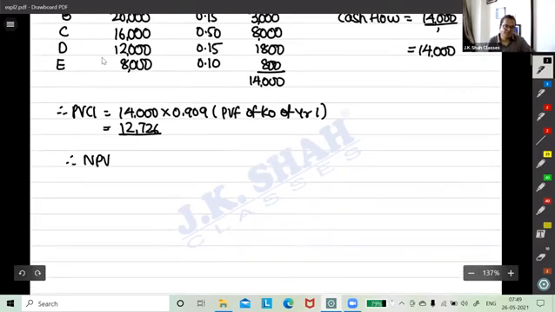So NPV is PVCI minus PVCO. 12,726 minus 10,000. So 2,726.